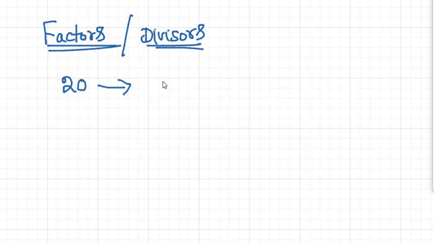Yes, please note that never leave 1. 1 divides every number. So other than 1, 2 divides, then 4 divides, then 5 divides 20, then 10 divides 20, then 20, the same number divides itself.